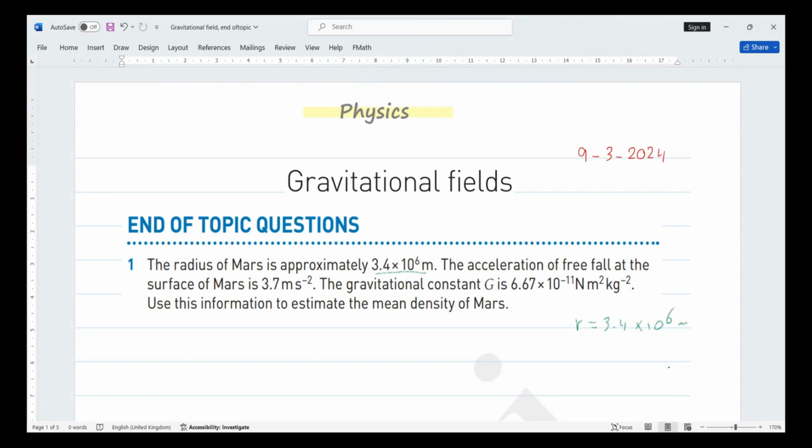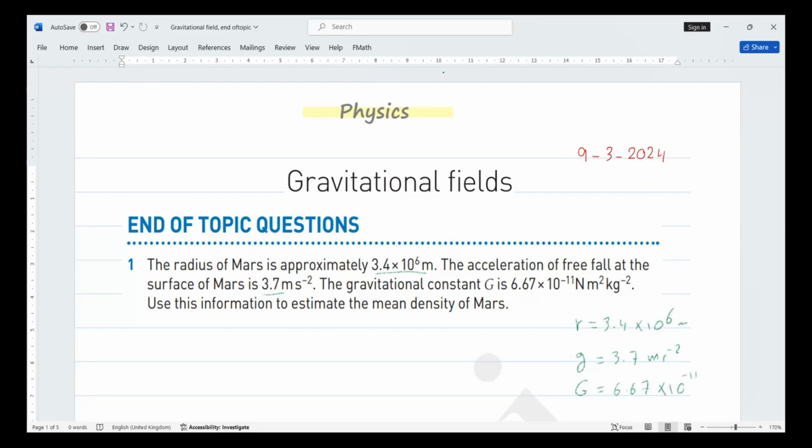The acceleration of free fall at the surface, so this is g, it is 3.7 meter per second squared. The gravitational constant G equals 6.67 multiplied by 10 power negative 11.